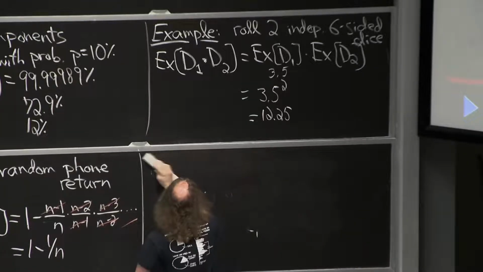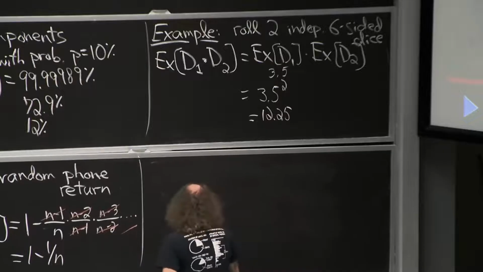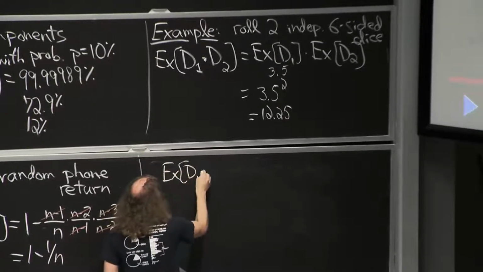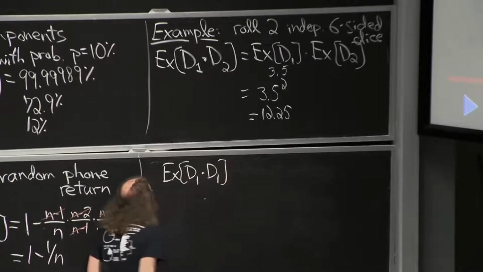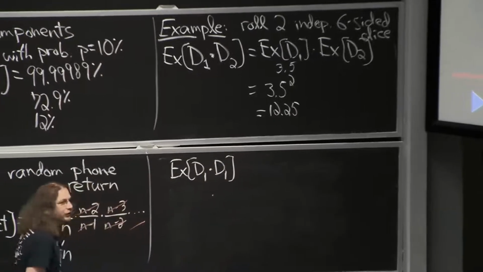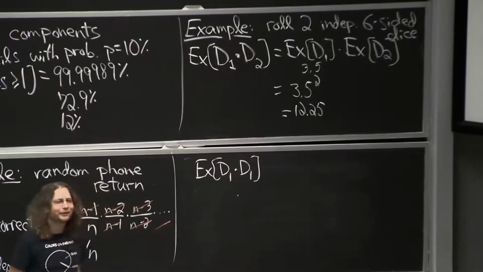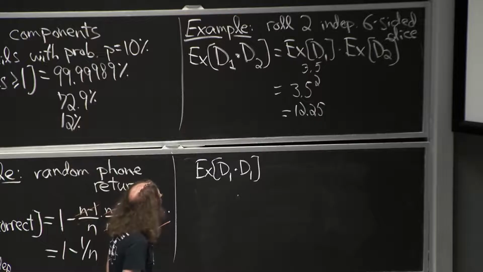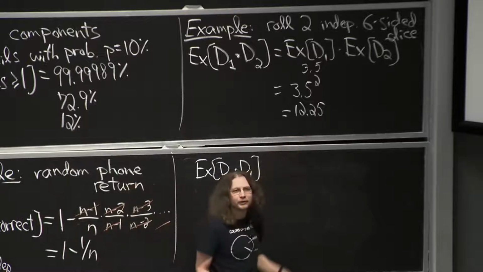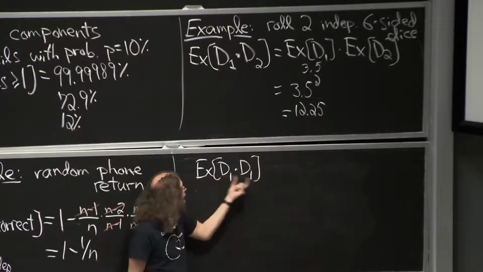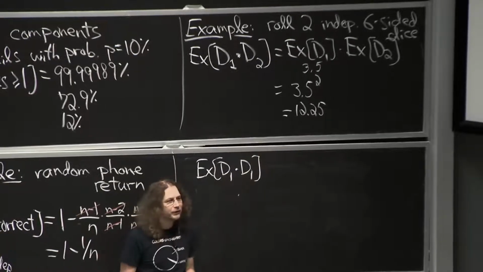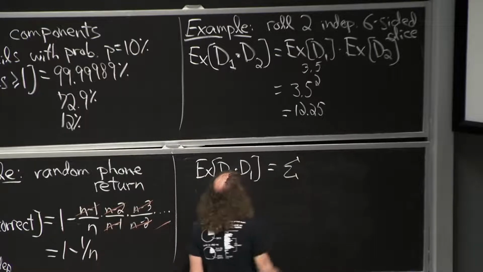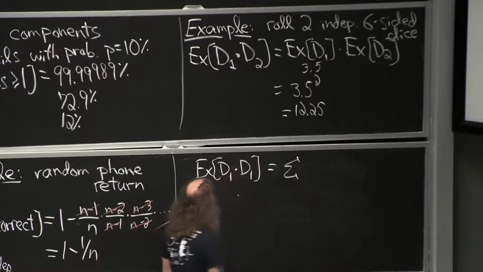Whereas if I take the expectation of D1 times D1, also known as D1 squared, D1 is not independent from D1. In fact, it's the most dependent it could be. They're the same random variable. I claim I do not get 12.25, even though each of these individually has an expectation of 3.5. Let's just compute that, or get an idea of how we would compute it. I think it just uses the definition.